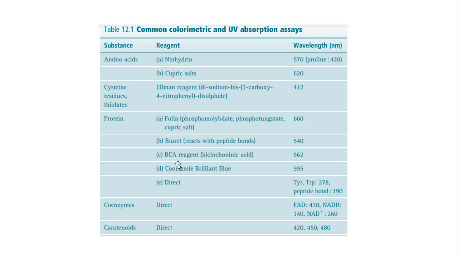Without making it colored, you can directly estimate in the UV region because of the contribution of tyrosine and tryptophan at 278 nanometers, approximately 280, and the peptide bond at 190 nanometers. At the same time, carotenoids can also be directly measured under UV spectroscopy, at 420, 450, and 480 nanometers.